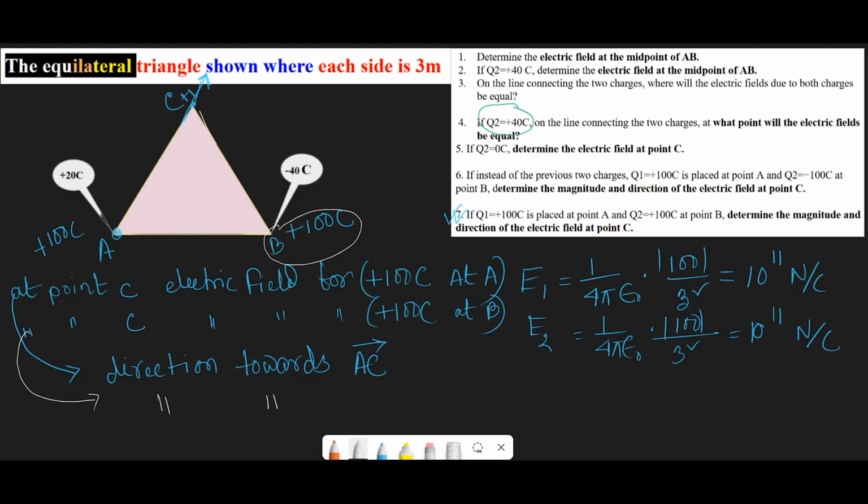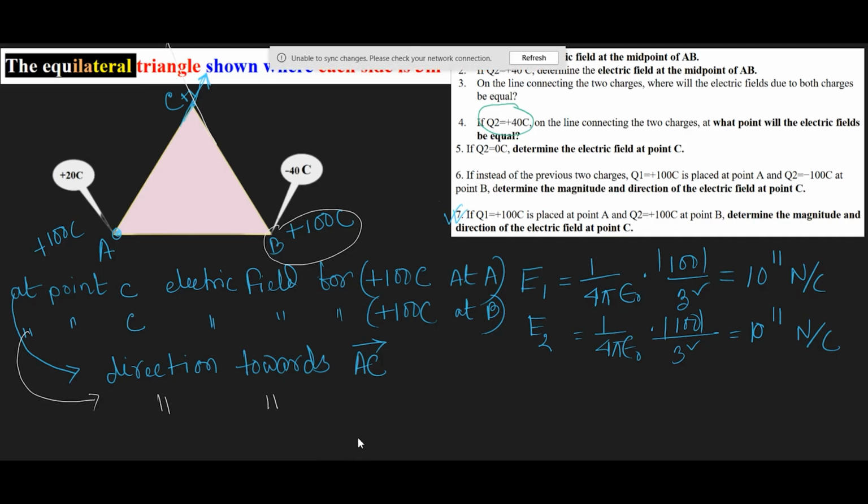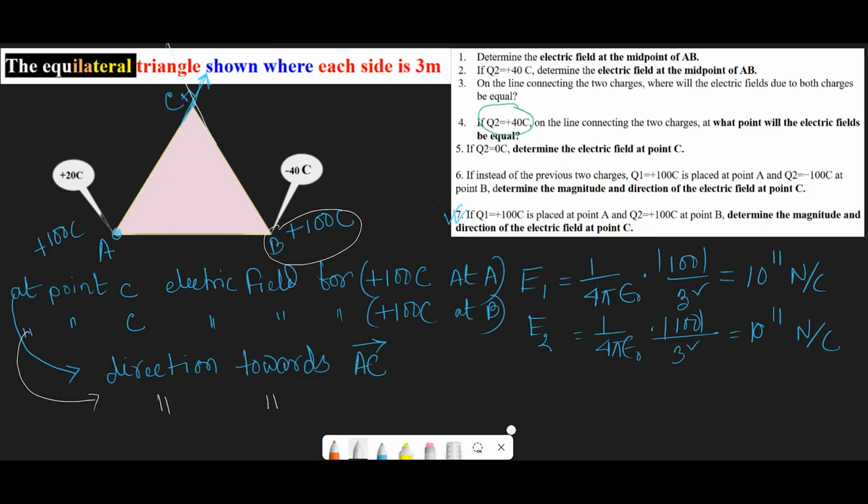It means the electric field will go in this direction, right? So let's use this color. So this will go in this direction.